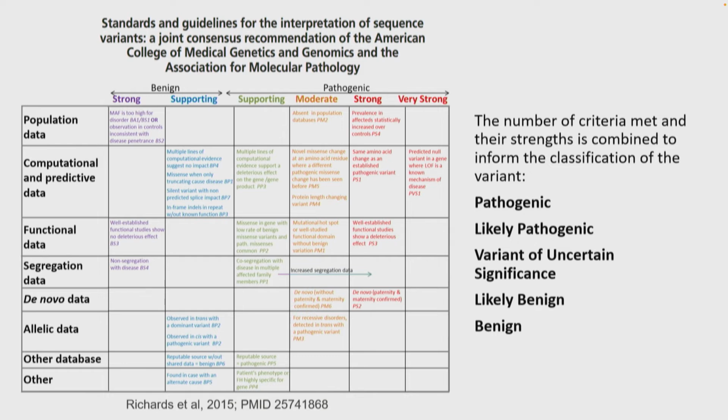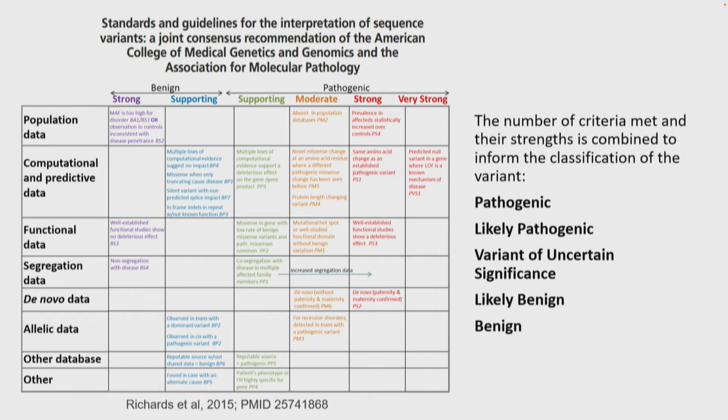And this includes data like population data. So do we see a genetic variant in the general population? And if so, how frequent is that variant? Also looking at computational algorithms that can help determine whether a genetic variant is affecting the function of the protein or not. And also functional data, like some of the assays we heard about yesterday for SLC6A8.